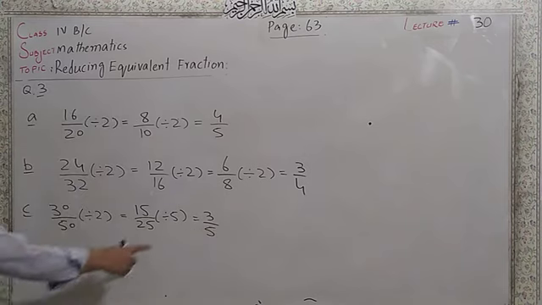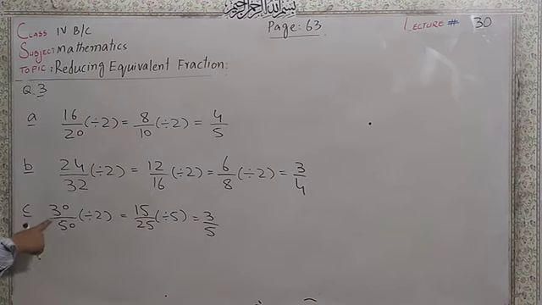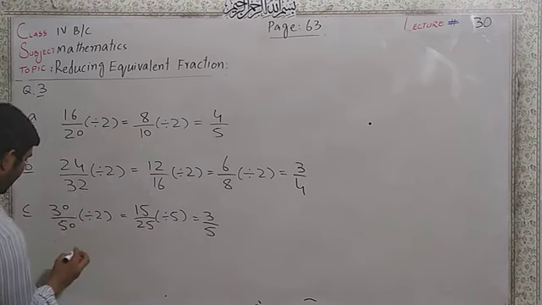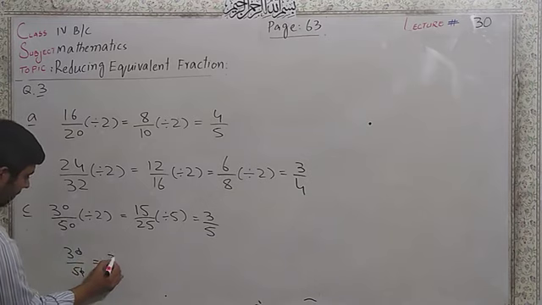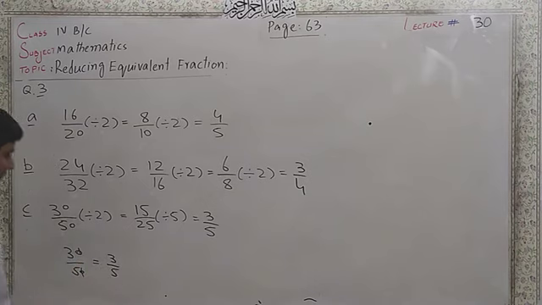Okay, this is the answer. We cannot divide more. And this question you can do like this also. 30 over 50. You can cancel 0 with 0. It will be 3 by 5. Okay, the answer will be the same. So you have to use this method.